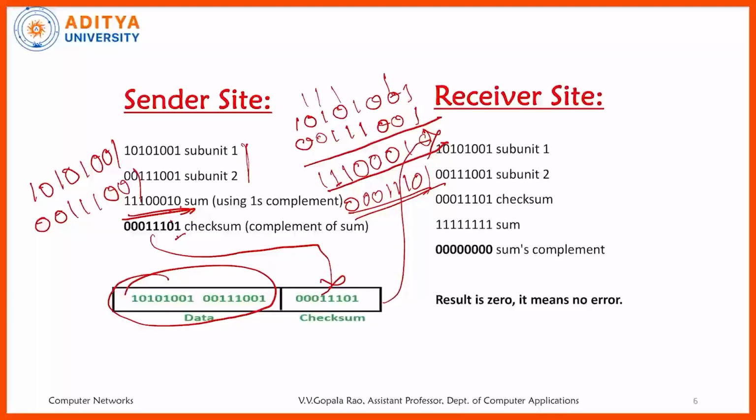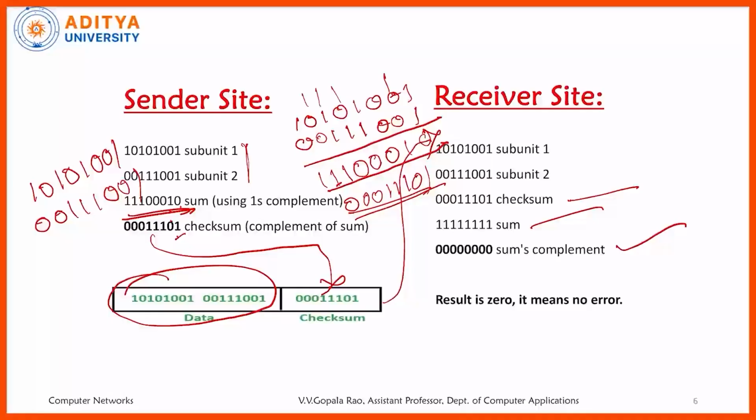Again the process is carried out at the receiver side also, because once you add subunit 1 and subunit 2, you will find some value, let us say it is 11100010. If you take the ones complement of this sum, all zeros are identified here.